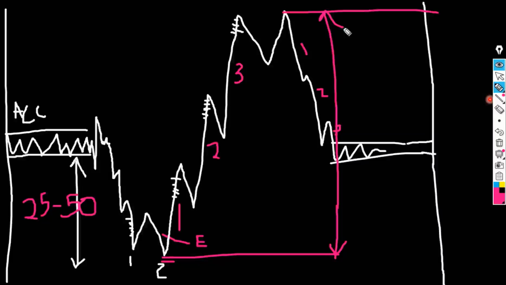So if the ADR for Euro USD is 50 pips, when the dealer reaches 49 or 50, you will start to look for reversal and start trapping people on the other side.